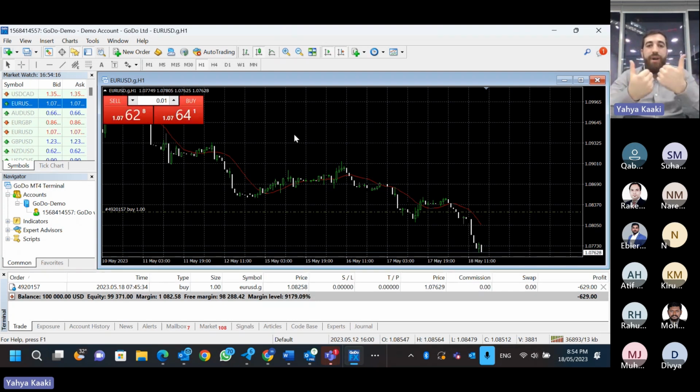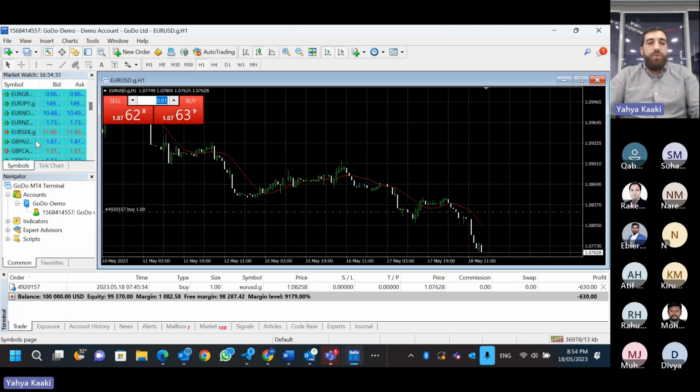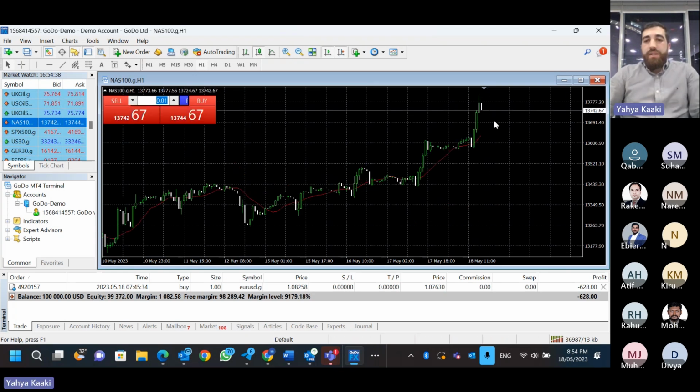The volume is the lot size: 0.01, 0.02. 0.01 is 1%, 0.02 is 2%, moving to 0.1, 10%, 0.2, 20%. This is how much you are consuming from your balance. If I am buying one lot of Nasdaq, I'm buying the whole thing, so it's like 100% of it. Okay, we will go with one lot.